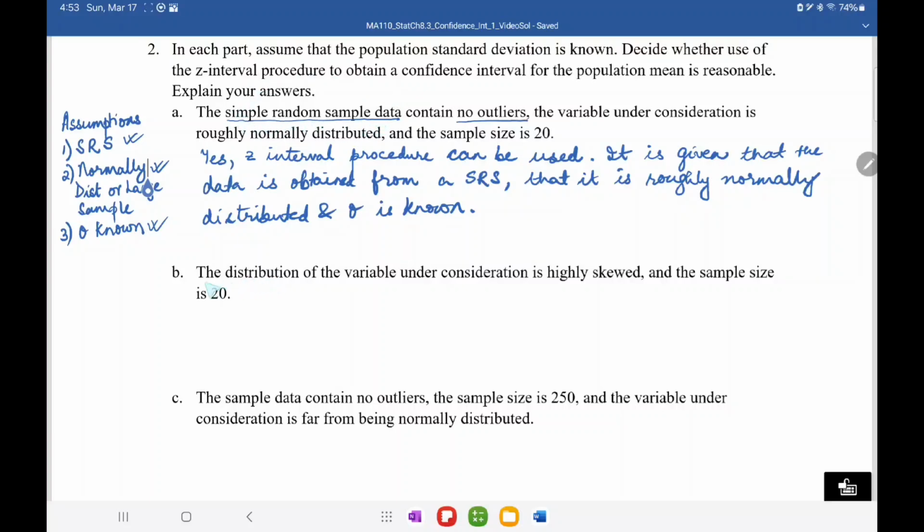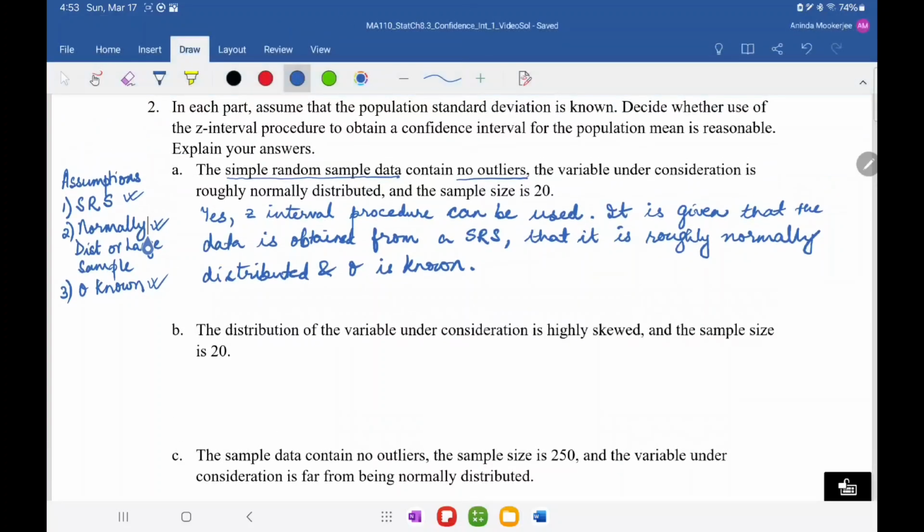That is not mentioned in part B. So that condition is unknown. We don't know whether an SRS was used to obtain the data, so that condition is not satisfied. Let's see what other conditions are satisfied or not satisfied.